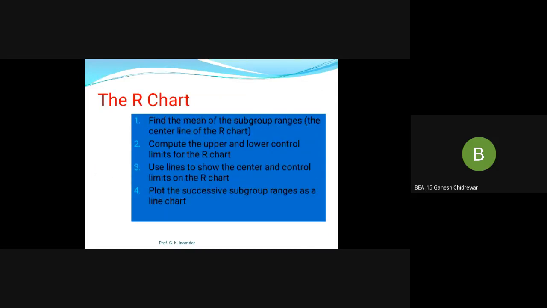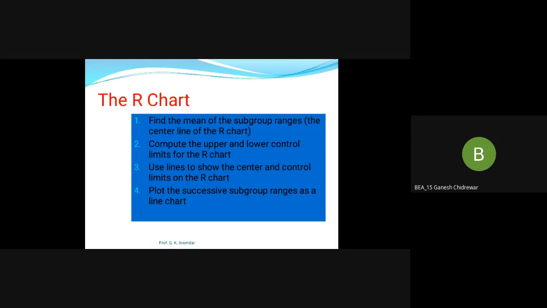Now the process of the R chart. Find the mean of the subgroup range, the center line of the R chart. As we already visited that image, first of all we have to find the mean of the subgroup range. For example 0, 10, 20, this is the subgroup range of that R chart.